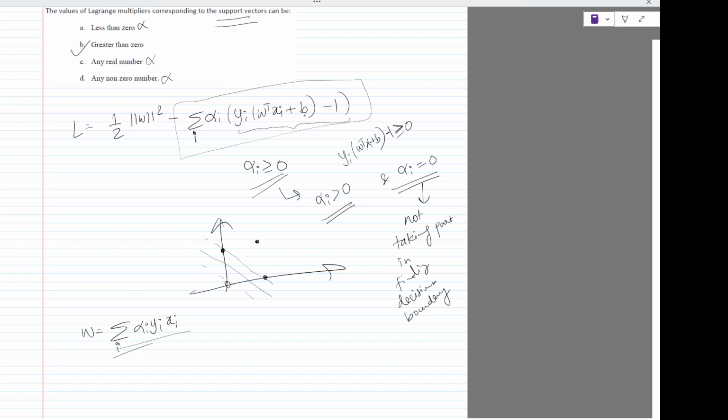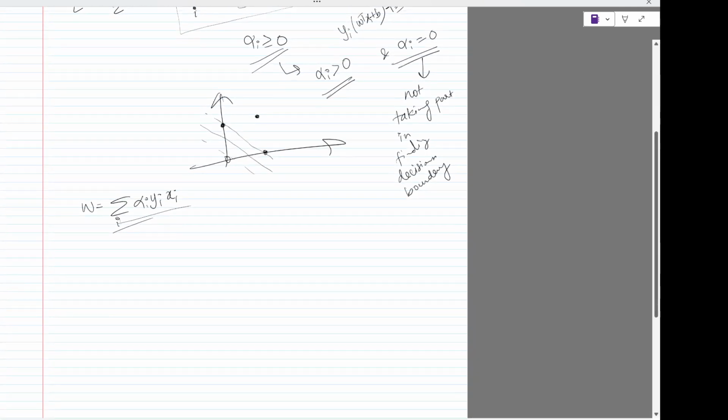Okay, so this condition, when this is 0 this is positive, and when this is 0 this is positive, is called complementary slackness. I think it comes from the Farkas lemma in optimization, if you have done an optimization course, or you can maybe read a numerical optimization book.